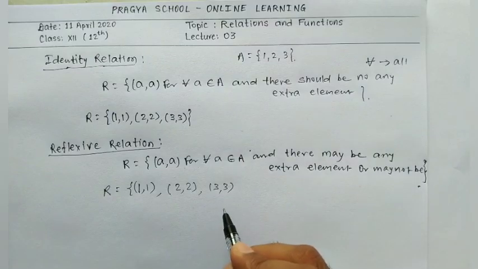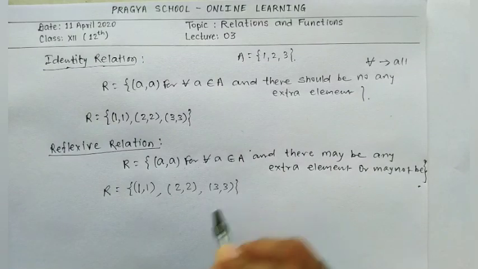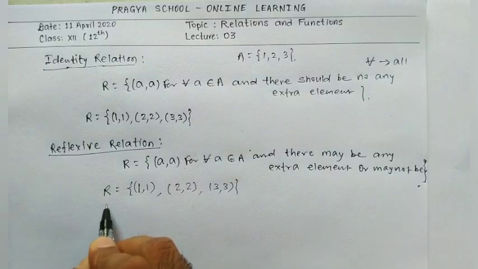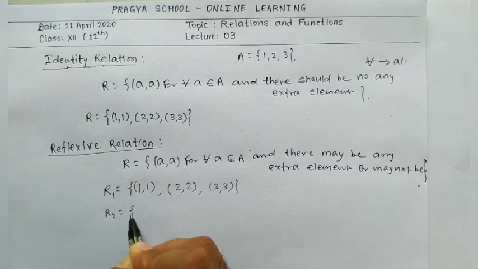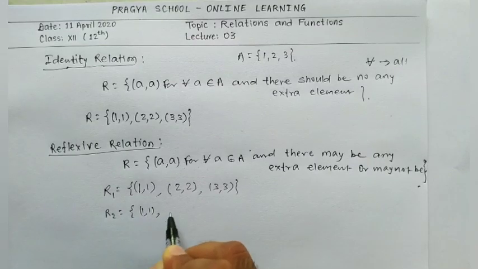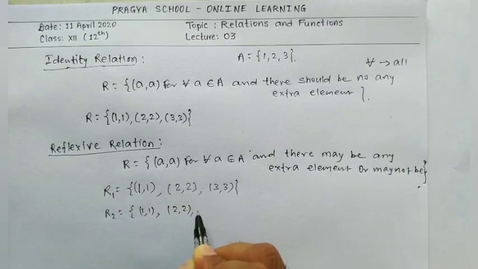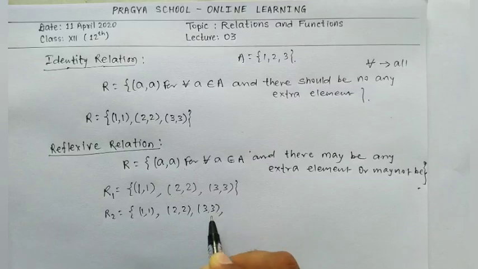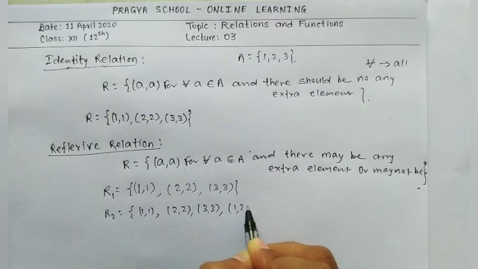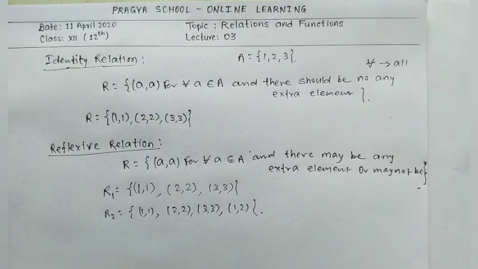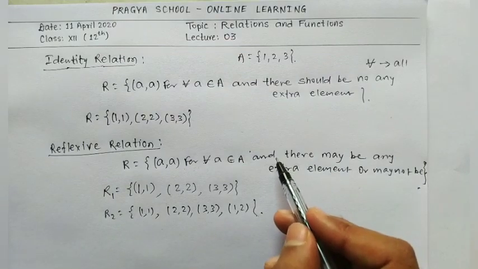Suppose this time we close it here as R1, and we write another relation R2: (1, 1), (2, 2), (3, 3) and (1, 2), and now we close it. Is it a reflexive relation? So read the definition.